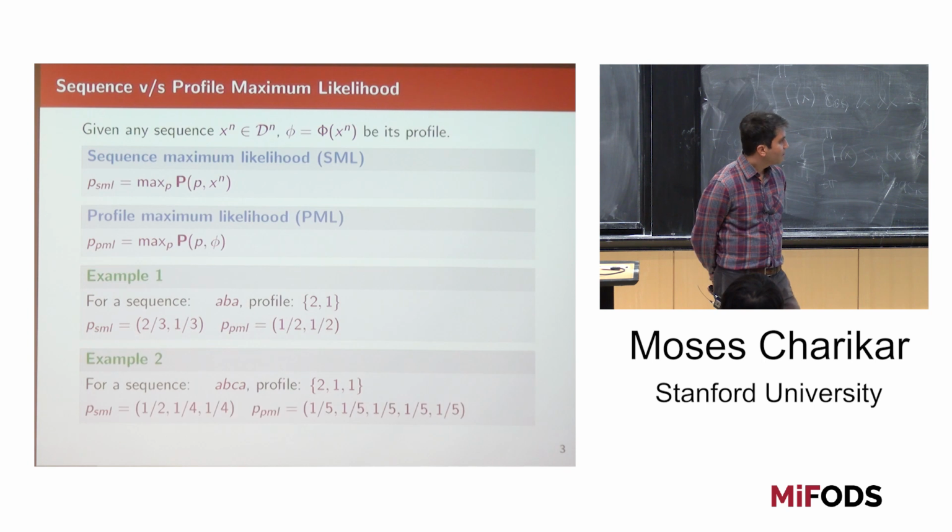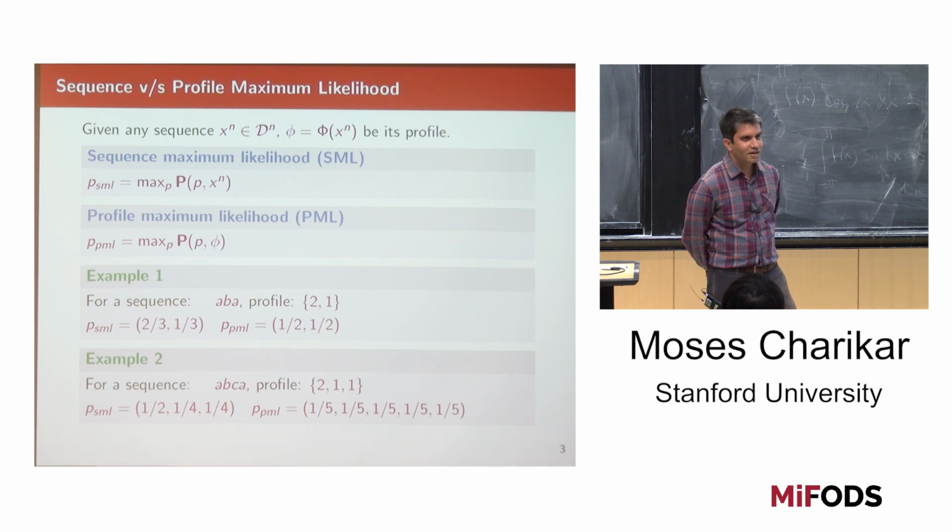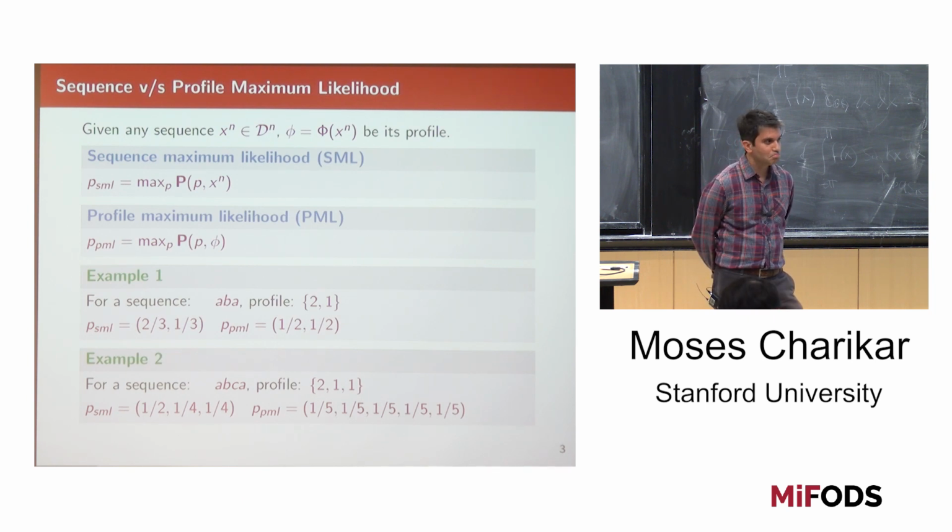In fact, the profile maximum likelihood distribution in this case predicts that there are some unseen elements, some elements of the domain that you haven't seen in your sample. It's actually predicting the uniform distribution on 5 elements, which is a really surprising fact.